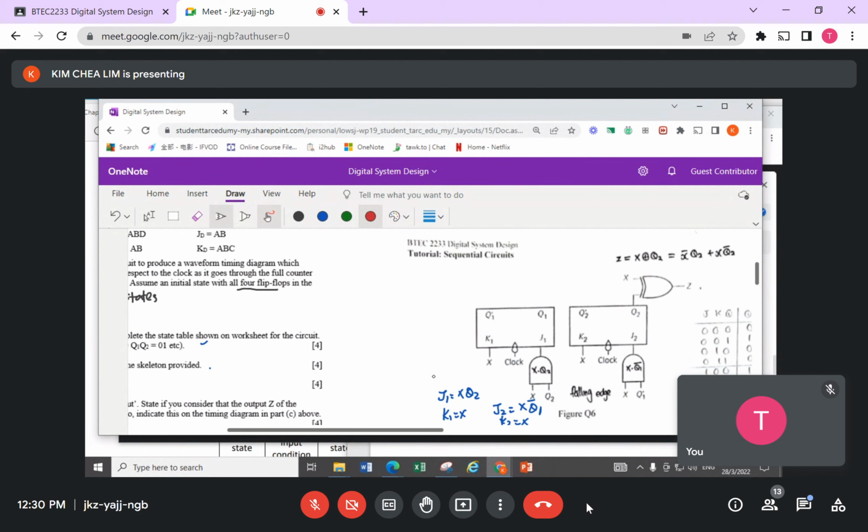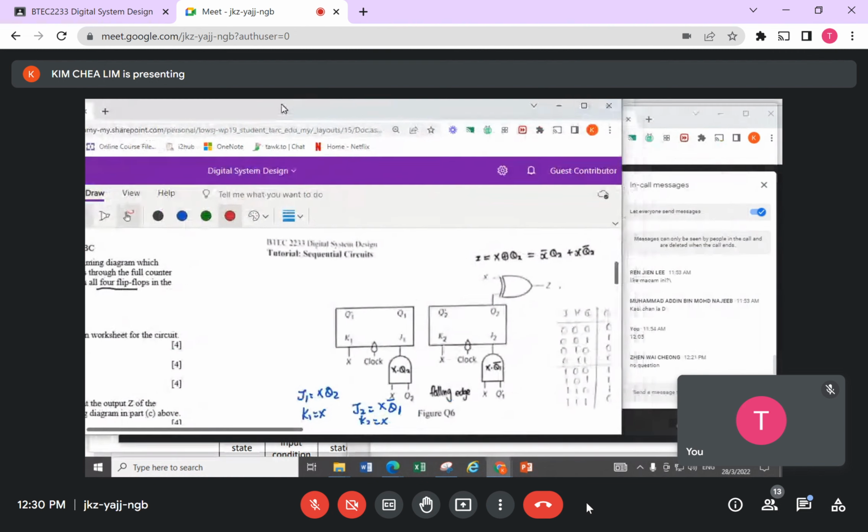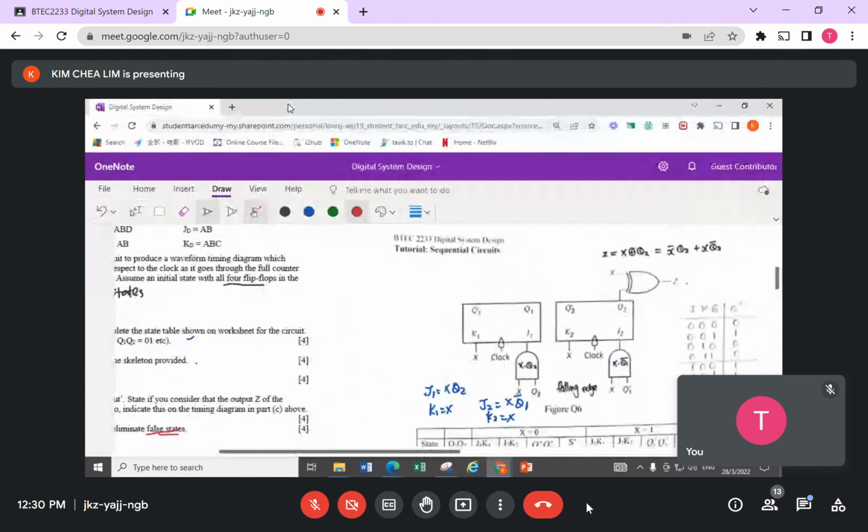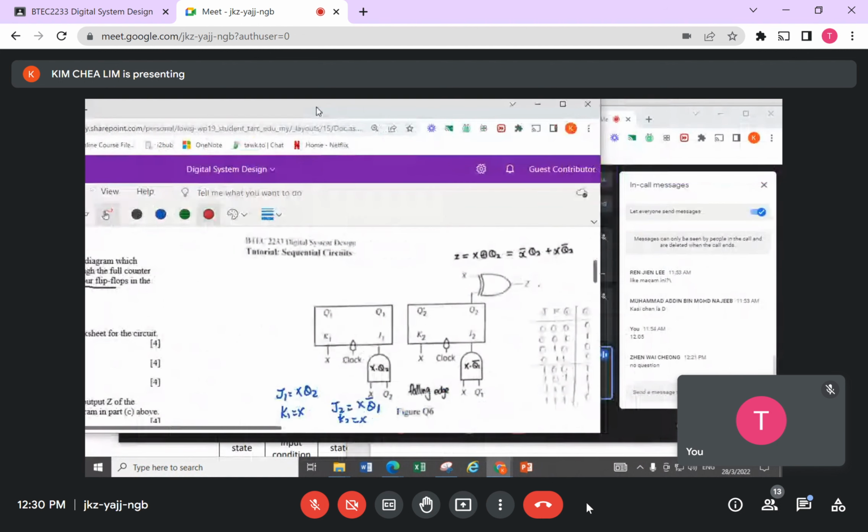Any suggestion from the class? Tan Wai, any idea? How am I going to redesign this part so that I can get rid of the problem that I have just now?